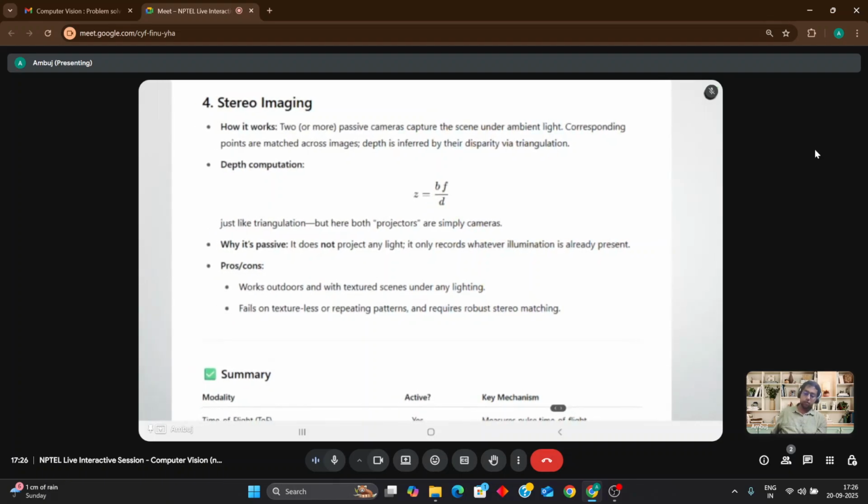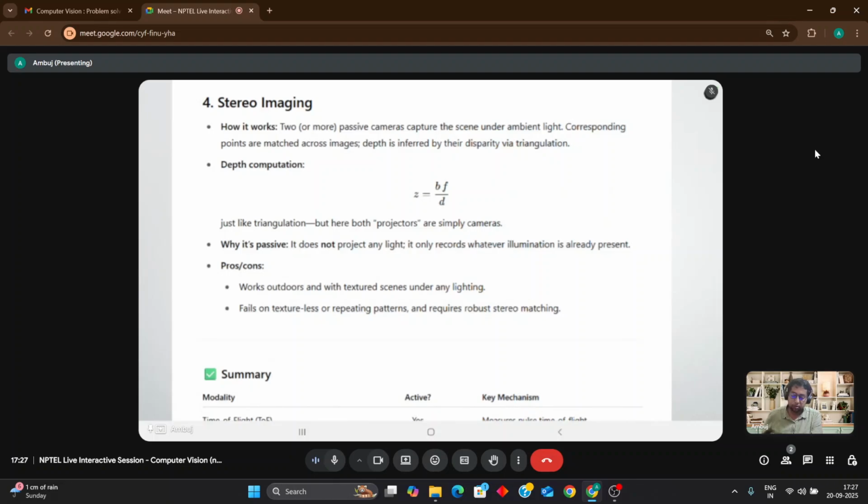Stereo imaging, how does it work? Two passive cameras capture the scene under ambient light. When corresponding points are matched across images, depth is inferred by their disparity or shift. So the depth computation is Z equal to d f over d, just like in triangulation. Why is it passive?